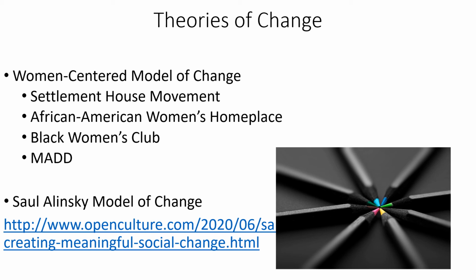Now, similarly, but a little bit different, the ideas around African American women's home place efforts and later Black women's clubs and other more contemporary examples, these were women-centered movements of change that really emphasized having a space for humanization. So the African American women's home places started with slaves, right?